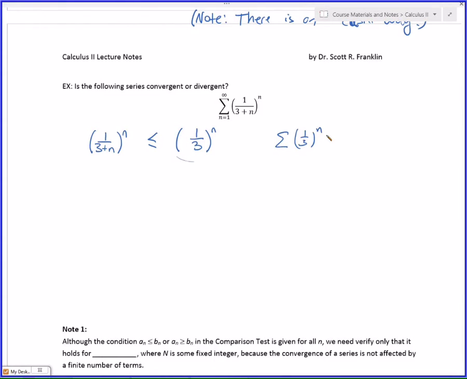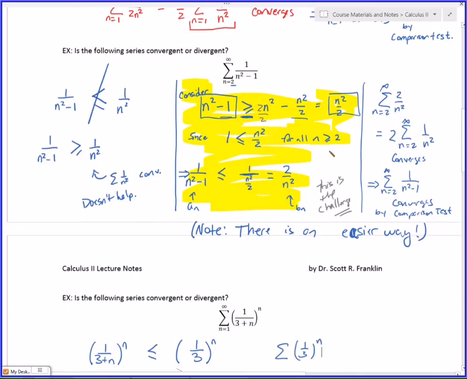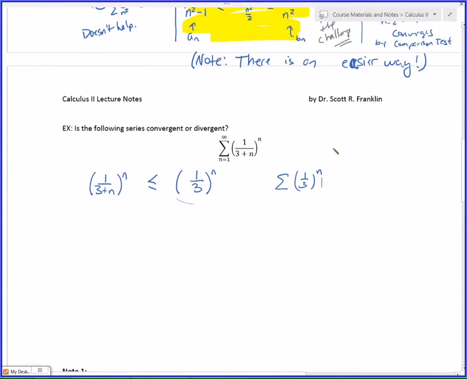Is it a series of a type that we can immediately decide convergent or divergent? Is it a p-test? No. Is it geometric? Yes. Write out the terms if you have to. It's 1/3 plus 1/3 squared plus 1/3 to the third plus 1/3 to the fourth.